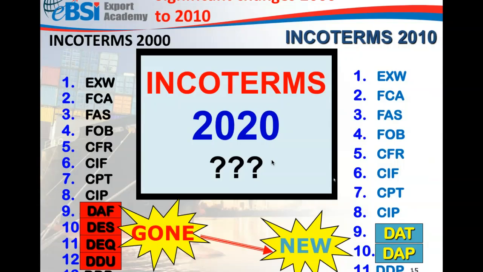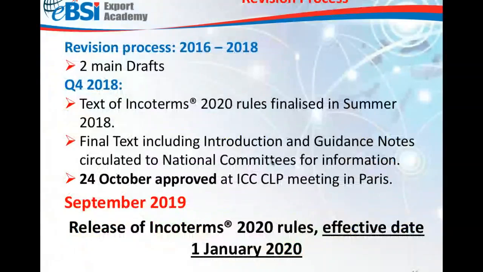Before Incoterms 2020, the Incoterms were updated in 2010, which reduced the number of Incoterms and brought in 2 new ones, as you can see from this screen. But what happened with Incoterms 2020? First of all, the process of developing the new Incoterms took about 2 years, and they went through 2 main drafts as they were being developed.